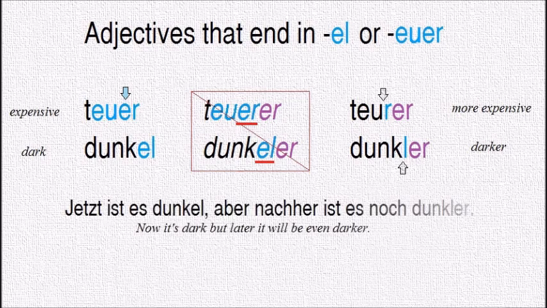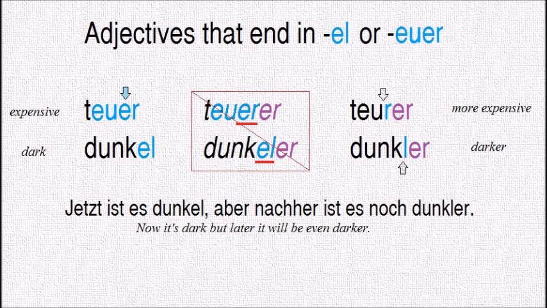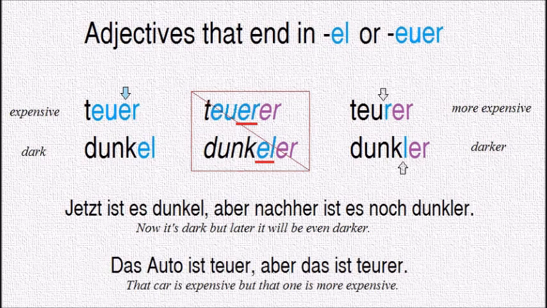For example, jetzt ist es dunkel, aber nachher ist es noch dunkler. Now it is dark, but later it will be even darker. Das Auto ist teuer, aber das ist teurer. That car is expensive, but that one is more expensive.